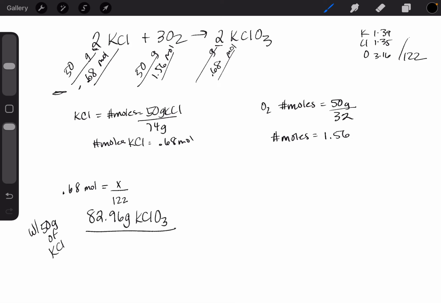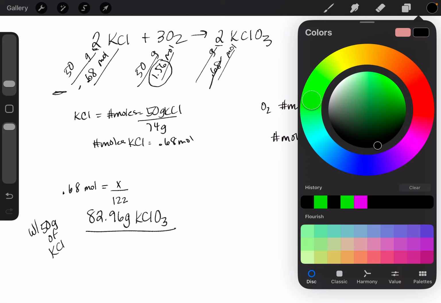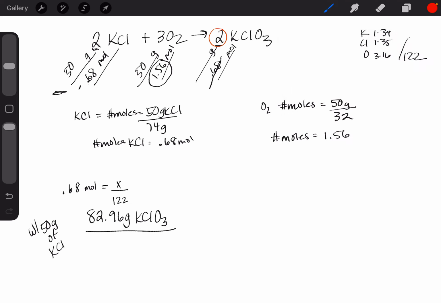Okay. So then I am going to scratch this, and now I'm going to use my moles here, and I'm going to put my 2 over X moles equals 3 over 1.56 moles.